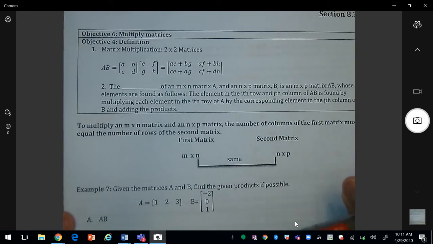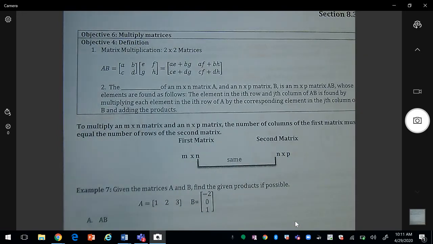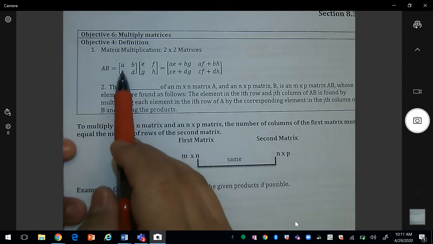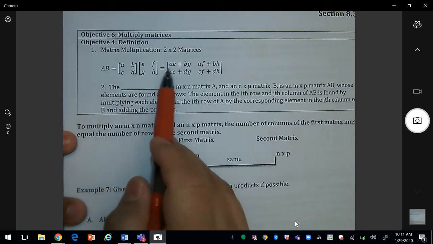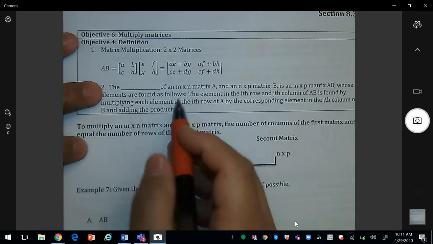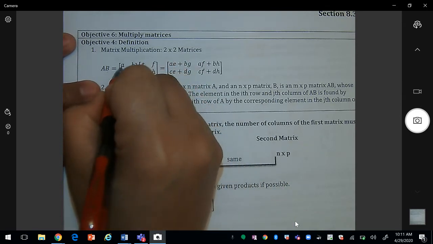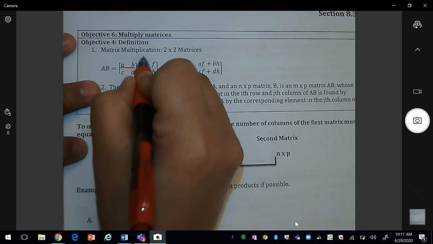Objective 6, multiplication of two matrices. So matrix multiplication, if we have these two matrices that are being multiplied, what's happening is we're going to take this first row right here, and we're going to multiply times the first column.